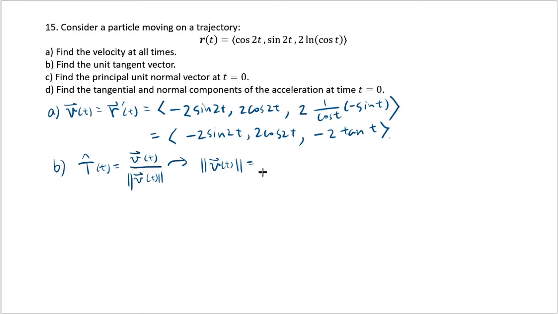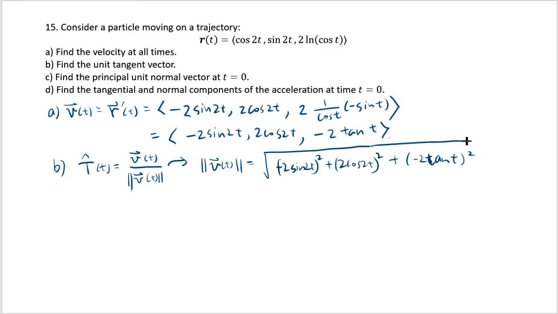And what is that? That's the square root of negative 2 sine 2t squared plus 2 cosine 2t squared plus negative 2 tangent t squared. And that is the square root of 4 sine squared 2t plus 4 cosine squared 2t plus 4 times tangent squared of t.